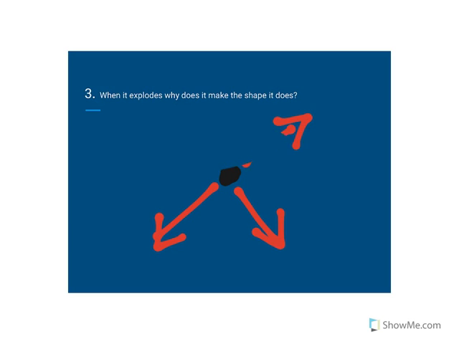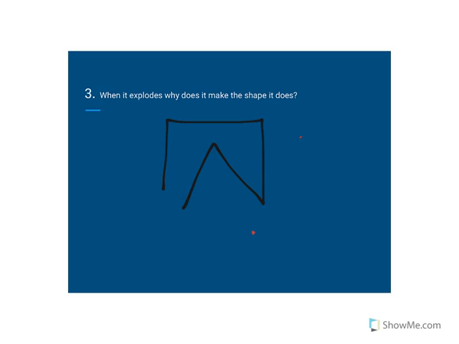If you were to make a shape like this, and then you put the bomb in here, and you detonated it, the explosion would be directional.